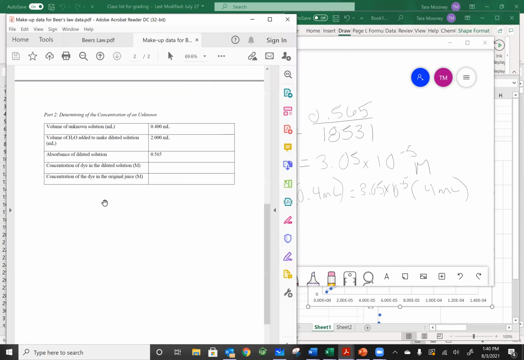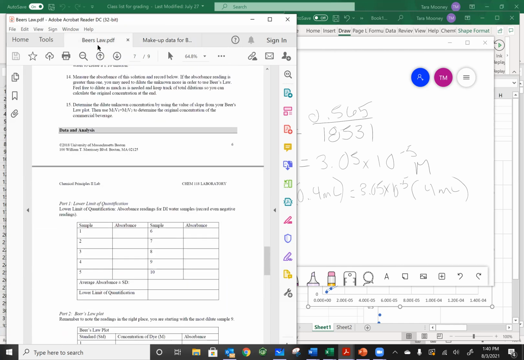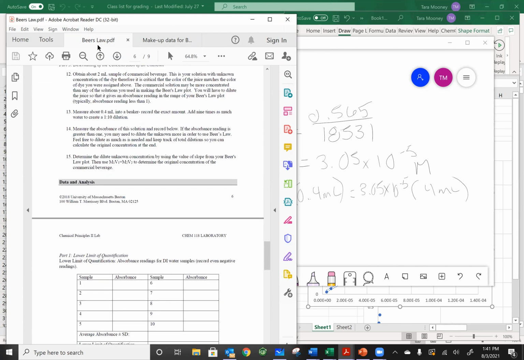So on the makeup data sheet, it says volume of H2O added to make the diluted solution. It's not 2 milliliters. It should be 3.6 milliliters. I don't know why they have that there, because where is it? Here.